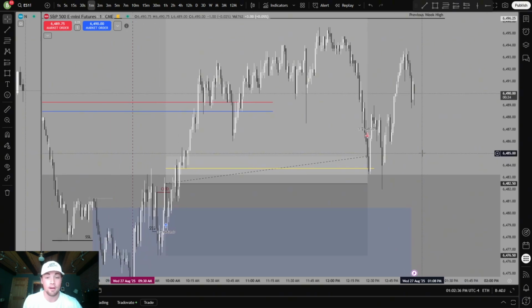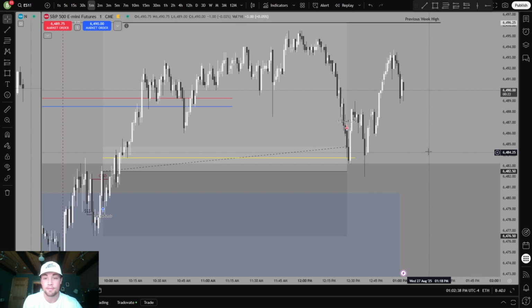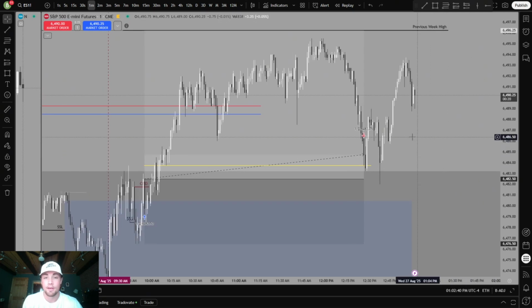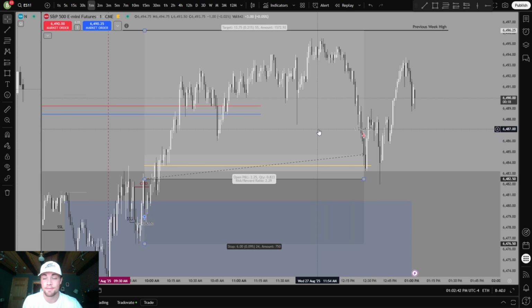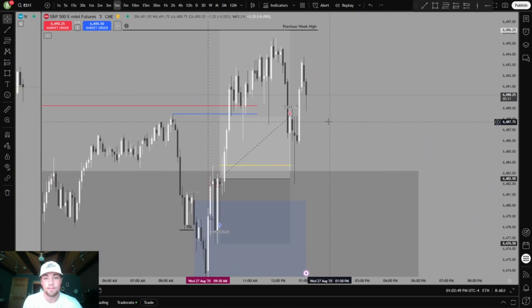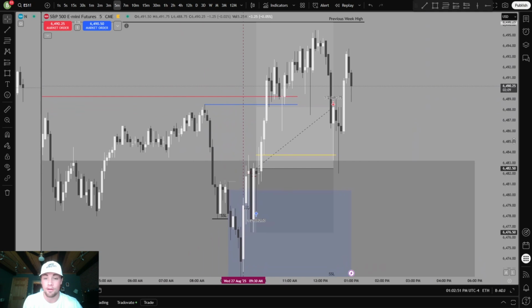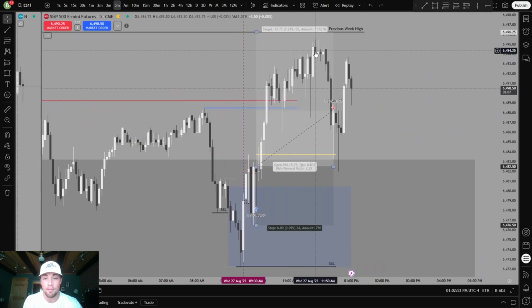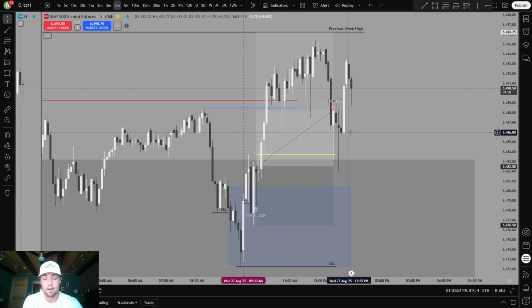What could I have done better or differently? I mean, I'm fine with this trade overall. The only thing is maybe once we push way up here, maybe move my stop below this low once we make this second large wick down here to give me a little more profit, but that's still not even really that big of a deal.